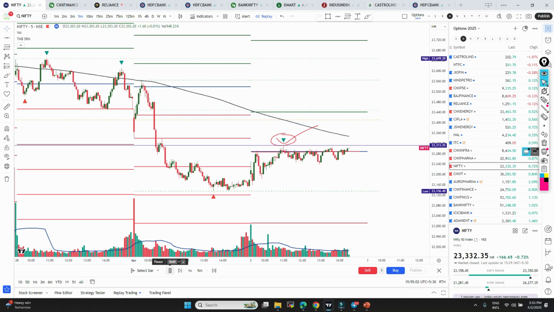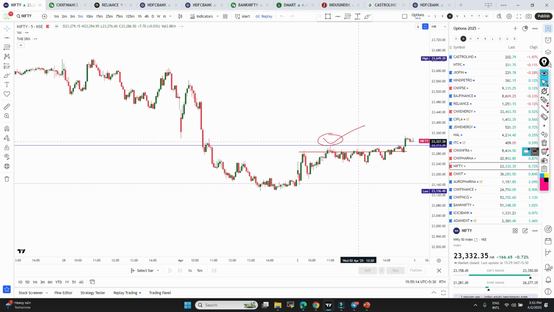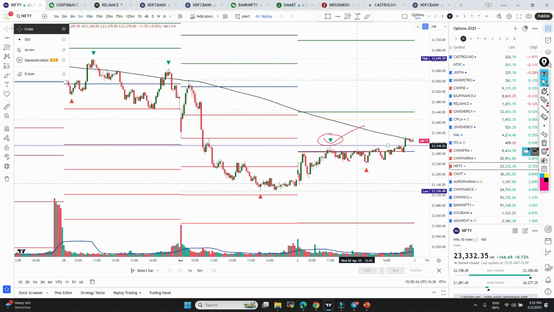See how many times it resisted. One, two. It resisted long, then it allowed after that. The 200 moving average was taken as a resistance.